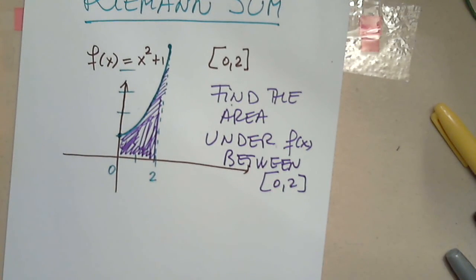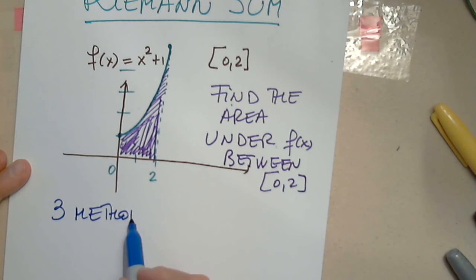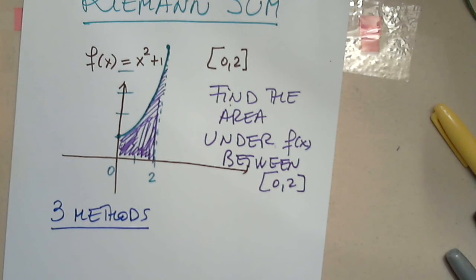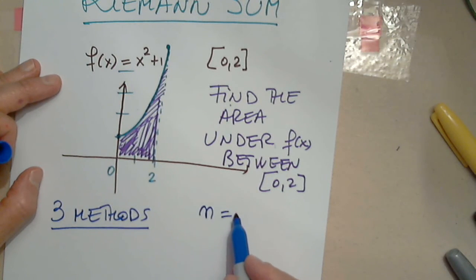Okay, so I have 3 methods that we are going to look at. In all these situations, we are going to divide the interval into several equal pieces. I want to start slowly with n equals 2 subintervals.